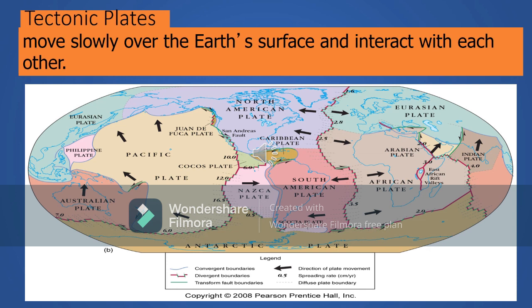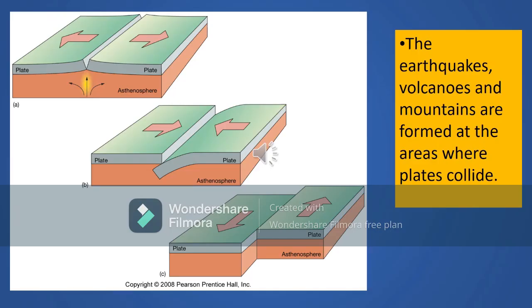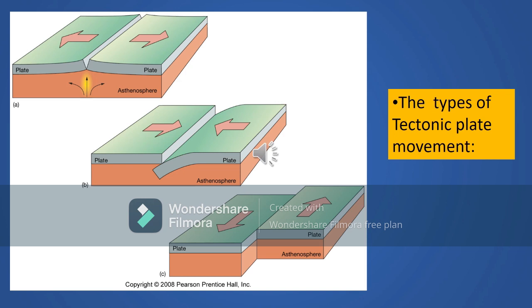Tectonic plates move slowly over the Earth's surface and interact with each other. The earthquakes, volcanoes, and mountains are formed at the areas where the tectonic plates collide.